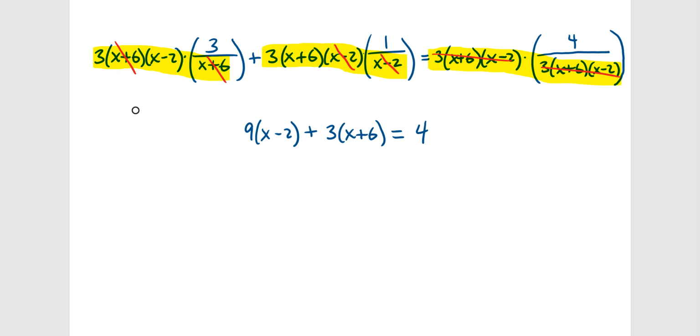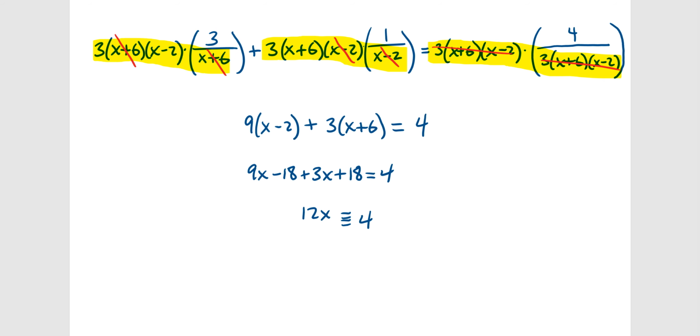Okay, so let's solve this resulting equation. Distribute the 9: 9x minus 18. Distribute the 3: 3x plus 18 equals 4. On the left-hand side of the equation, the 18's cancel, and 9x plus 3x is 12x.